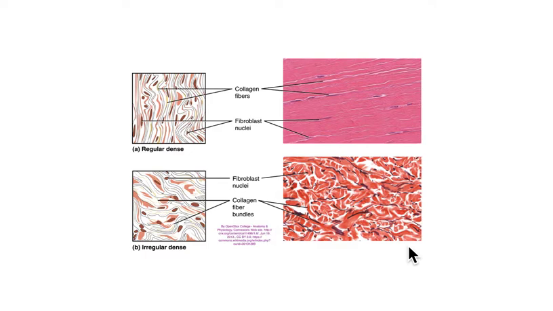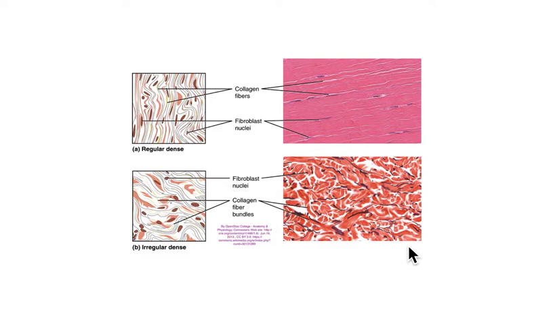So, for example, your gallbladder is encapsulated with irregular, dense connective tissue. Lymph nodes are encapsulated with irregular, dense connective tissue. The spleen is encapsulated with irregular, dense connective tissue. Arteries and veins are encapsulated with irregular, dense connective tissue.